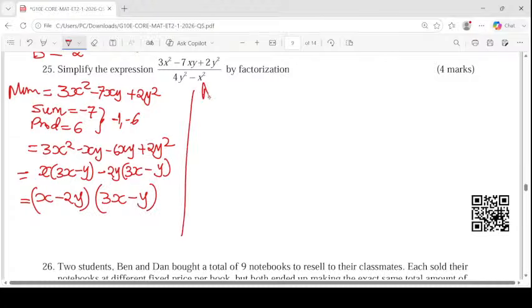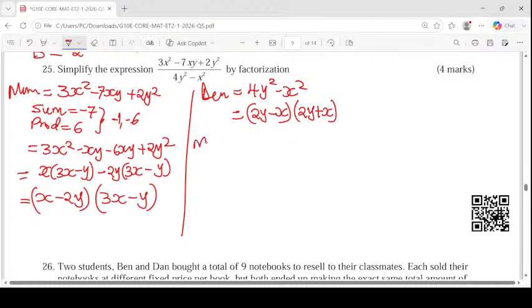With our denominator, we have 4y squared minus x squared. This is a difference of two squares, which is like saying 2y minus x, 2y plus x.